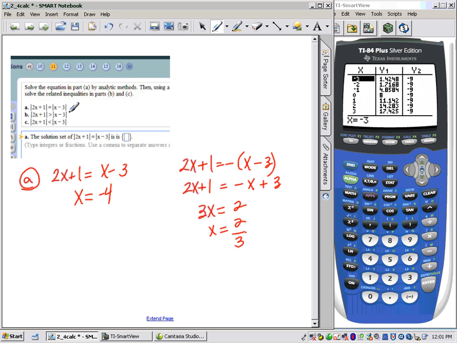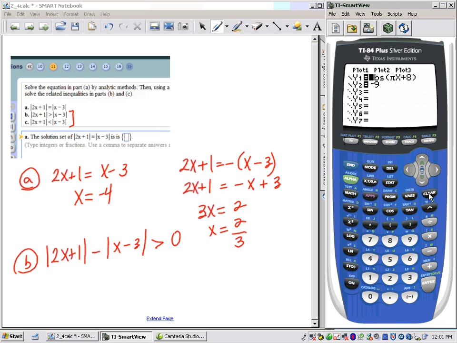How can I find the solution for the inequality? Couple ways. You could enter the 2 into y1 and y2 and compare the relationship, or you can use the x-intercept method, which might be a little bit easier here because sometimes comparing the two V-shaped graphs can be kind of tricky. So in part B, if you enter absolute value of 2x plus 1 minus the absolute value of x minus 3, we're trying to find where that is greater than 0.